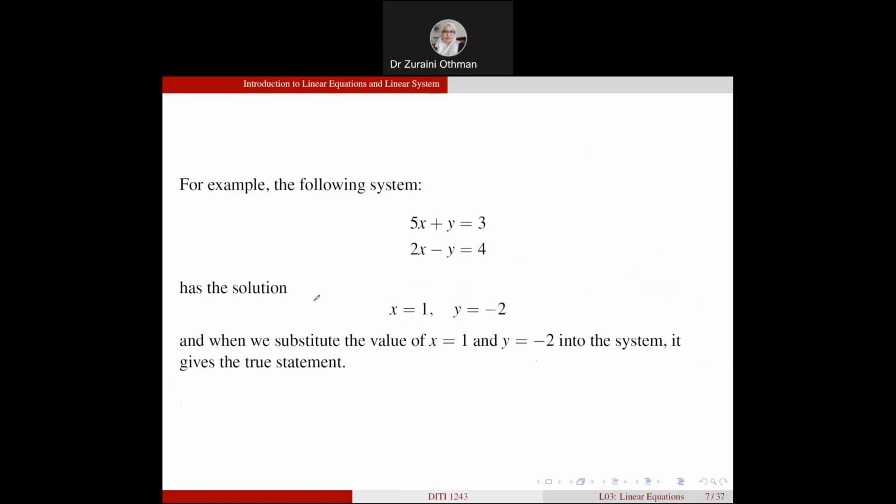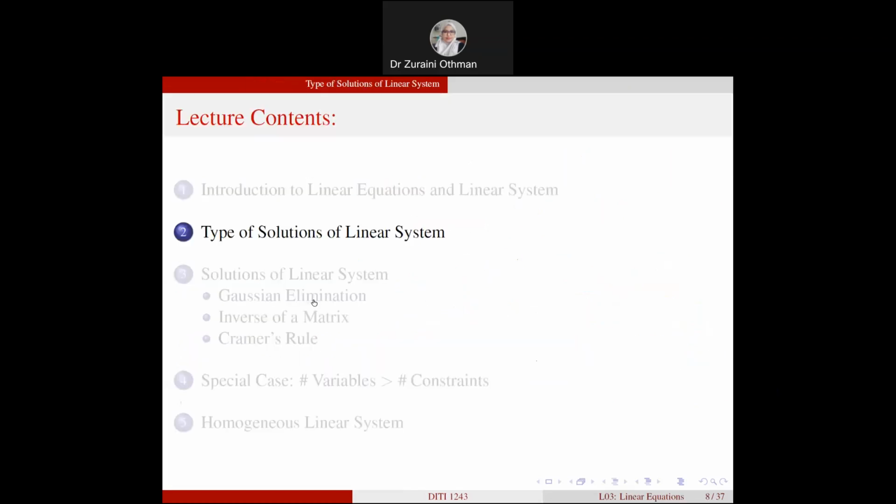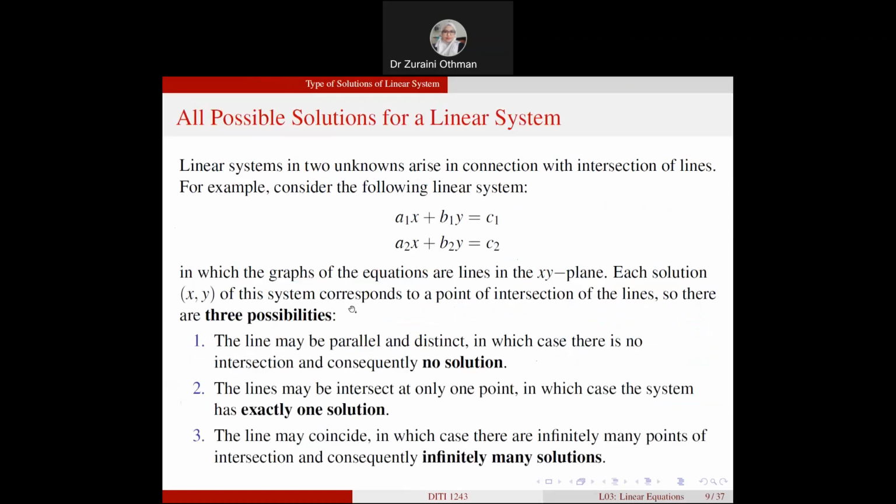Now let's move to the next slide. Types of solution of linear system. This shows all possible solutions of a linear system. The first possibility is no solution, because the lines do not intersect anywhere. The second possibility is exactly one solution, and the third possibility is infinitely many solutions.